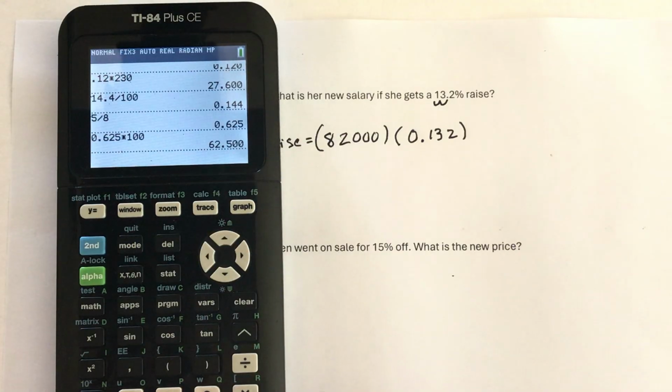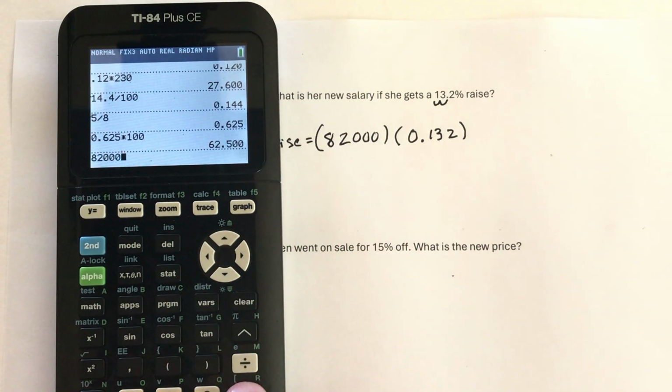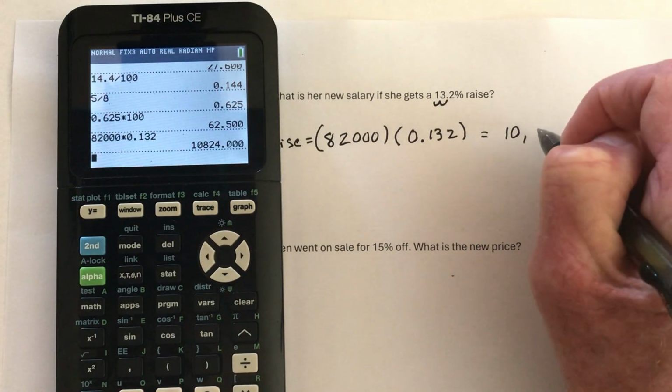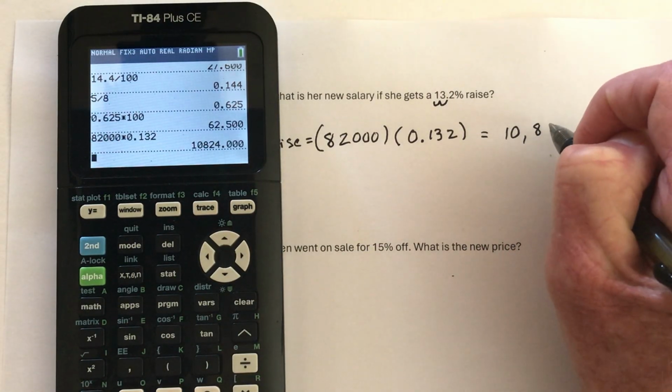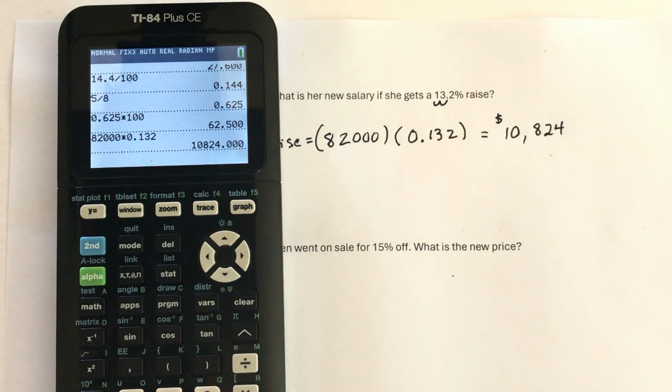So if we take 82,000 and multiply with 0.132, then that is an extra $10,824 that she's going to make.